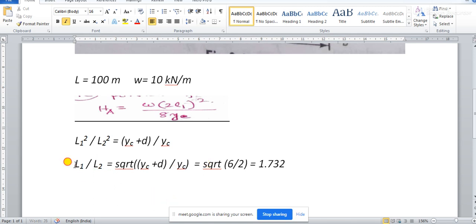So I can easily say L1 is equal to 1.732 into L2. Okay.